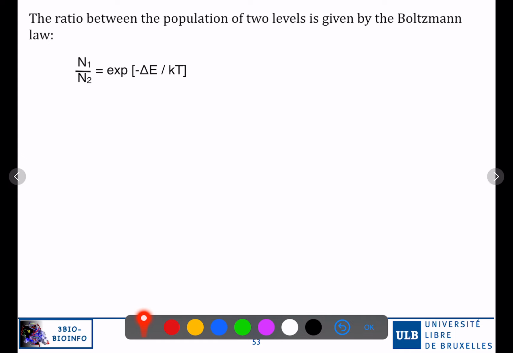And if we have a look at this Boltzmann equation, we can see that the number of nuclei in the first energy level divided by the number of nuclei in the second energy level is equal to the exponential of minus the energy difference between the two levels divided by kT.